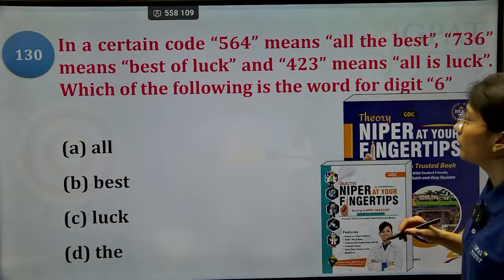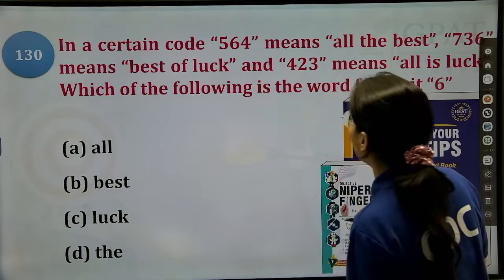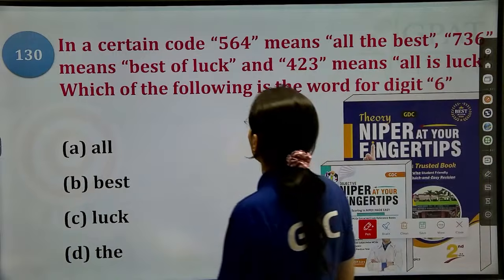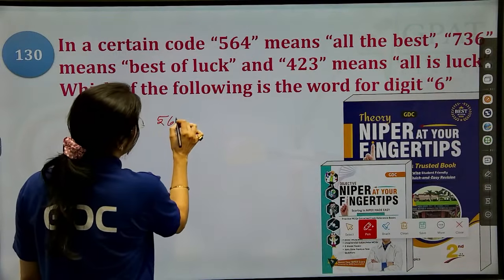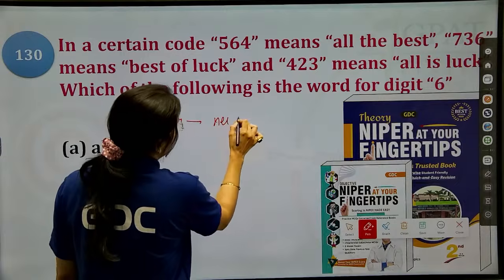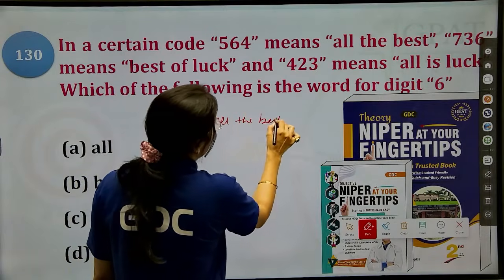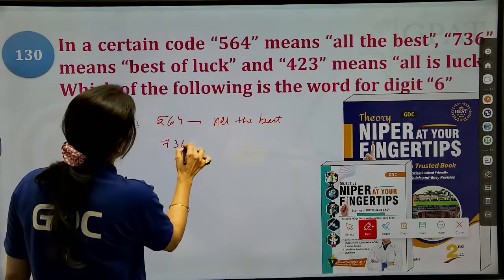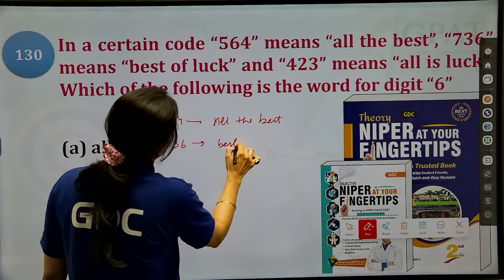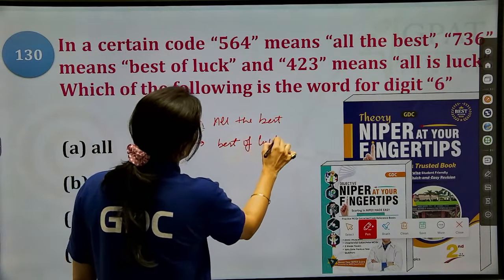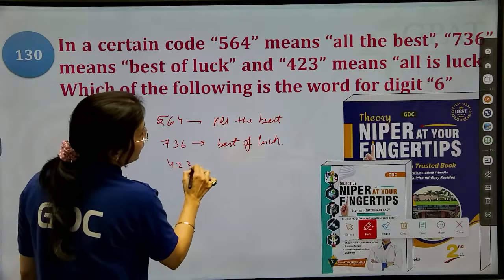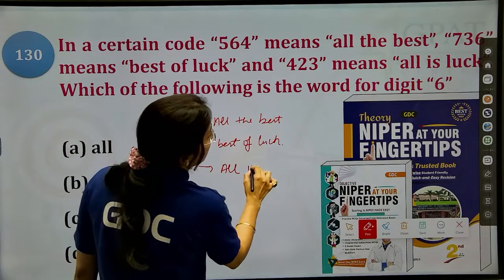In a certain code, 564 means all the best, 736 means best of luck. Now 423 means all is luck.